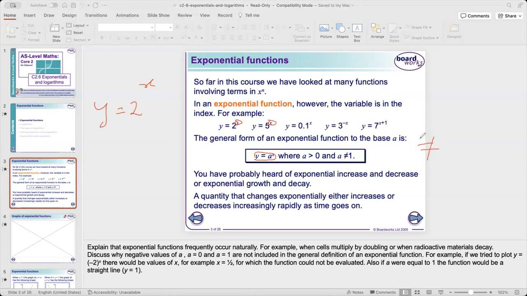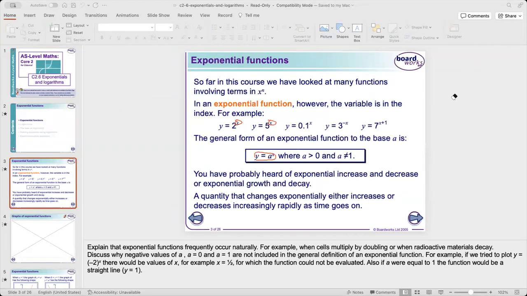For example, if they give you y equals 2 to the power of x plus 5, this is an example of an exponential function. This a must be more than 1. If not, it's not going to be an exponential function.